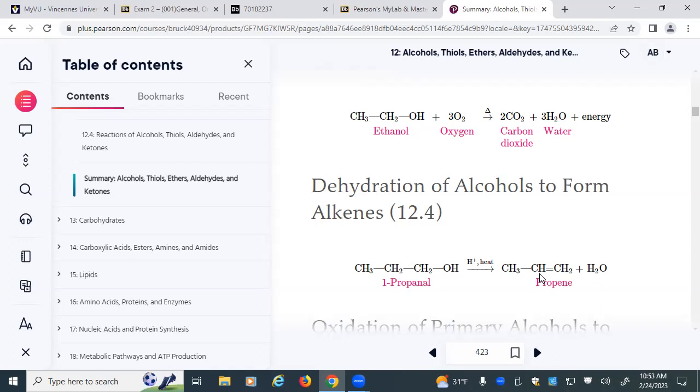And so what you'll notice, if you go back to chapter 11, to the ones we just did, is that if I wanted to take this propene and turn it into propanol, all I would have to do is add water and acid.